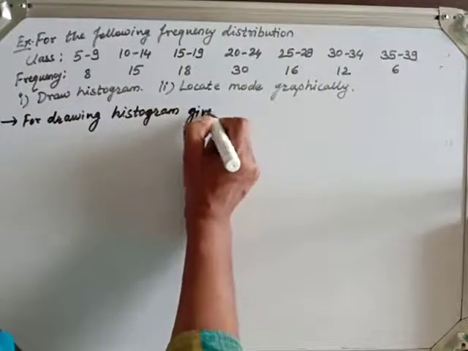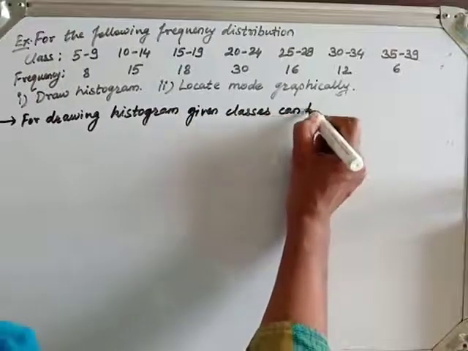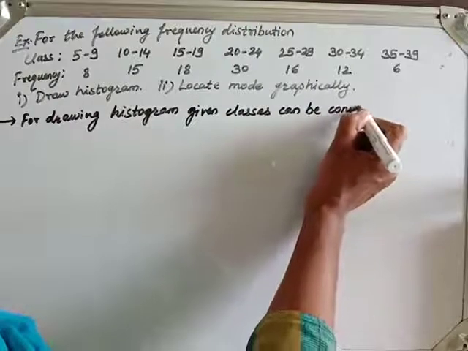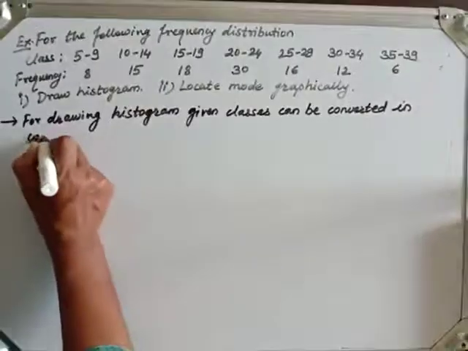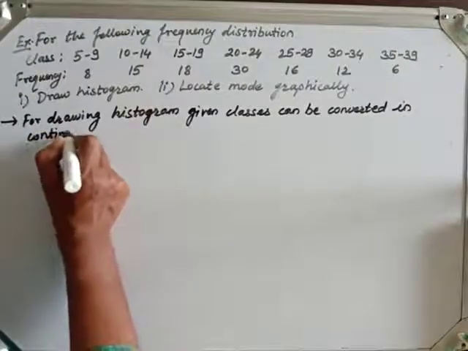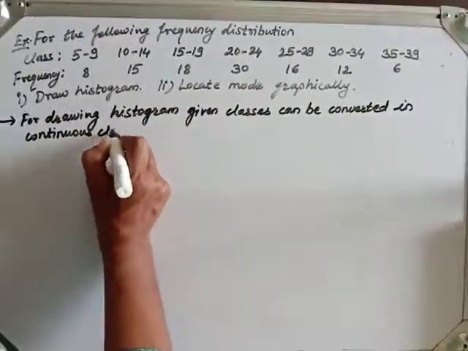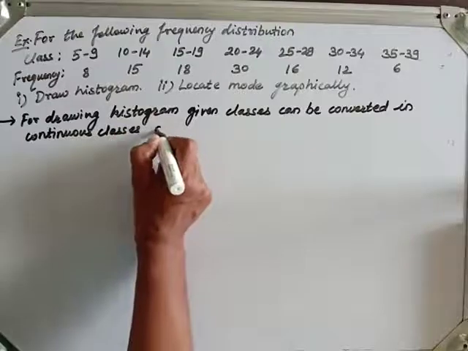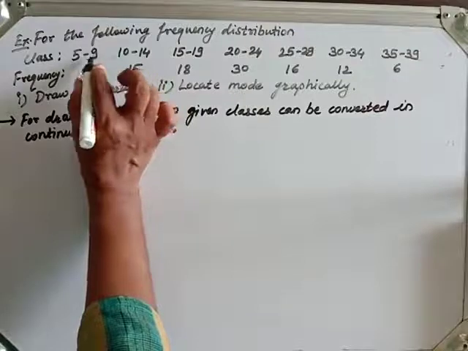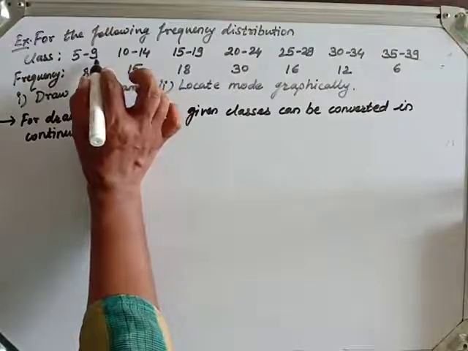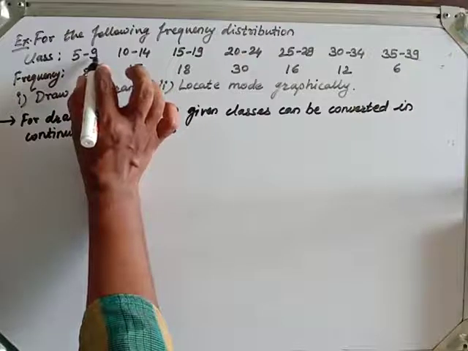The given classes can be converted into continuous classes. Here the difference between 9 and 10 is 1, so 1 upon 2 will be 0.5. So we have to subtract 0.5 from the lower boundary and add 0.5 to the upper boundary.